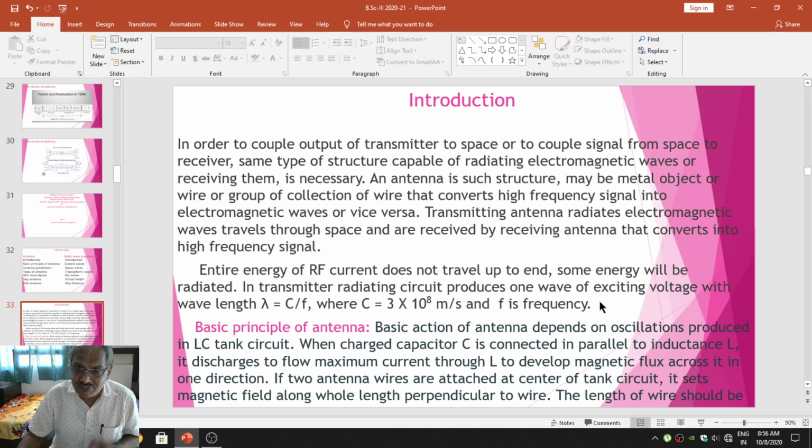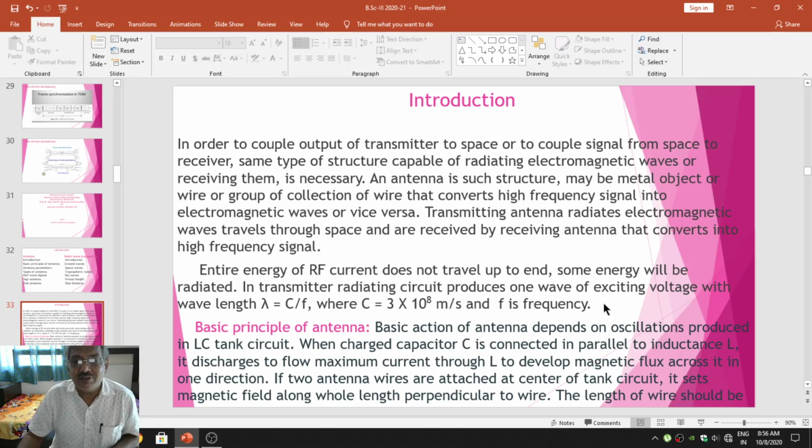In short, if you know the frequency f and the velocity of light, which is standard, one can calculate the wavelength of the wave transmitted by the transmitter, which travels from the transmitting antenna toward the receiving antenna.